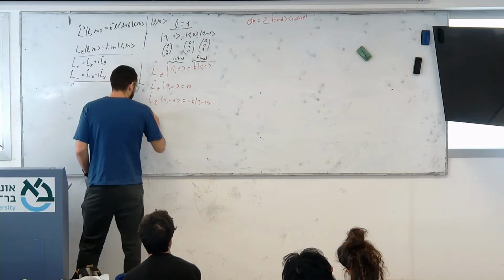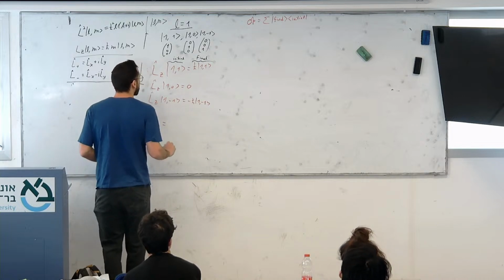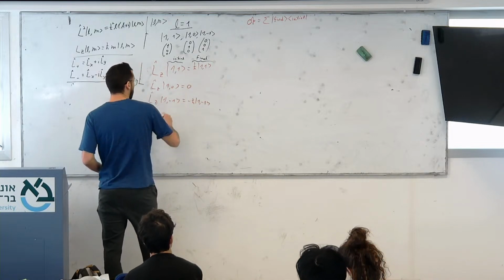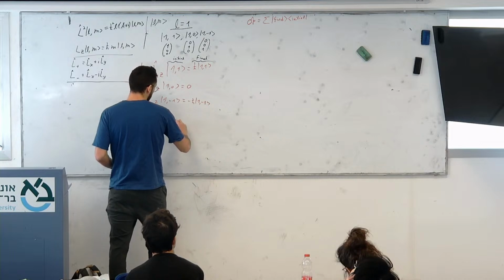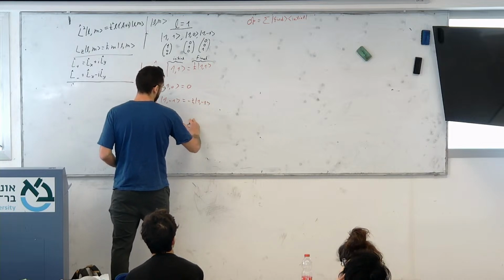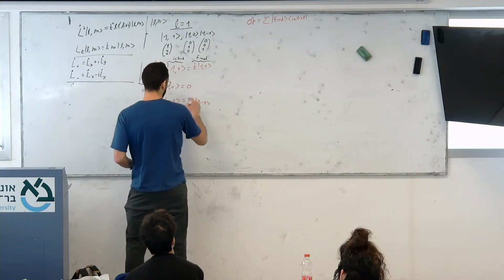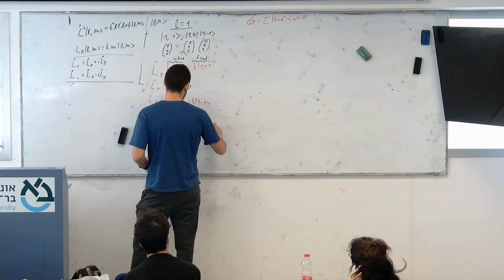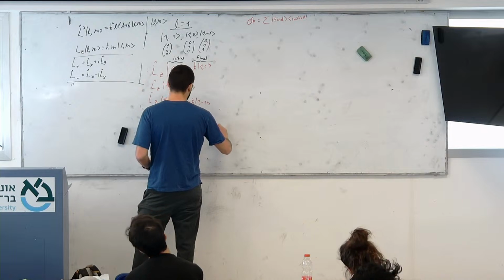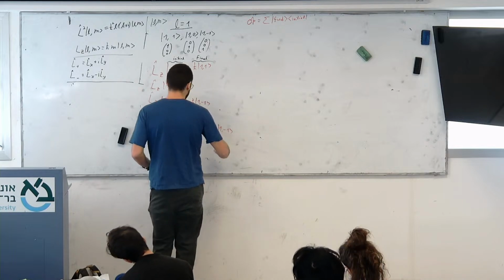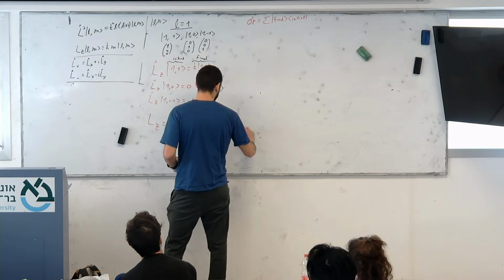So I can write LZ as final, initial: h bar, 1, 1, 1, 1, plus 0, minus h bar, 1, minus 1, 1, minus 1.